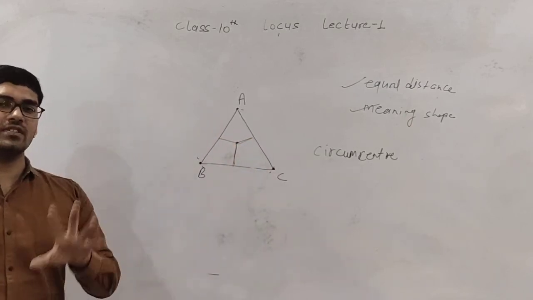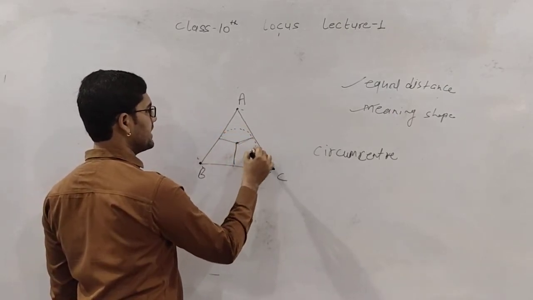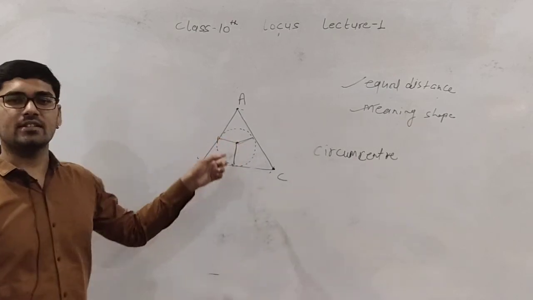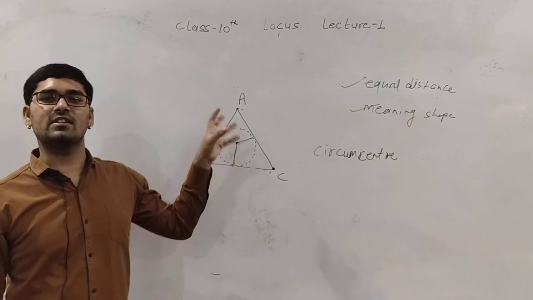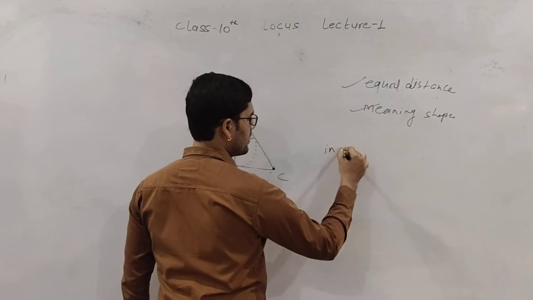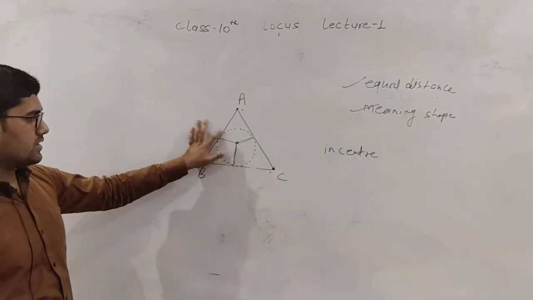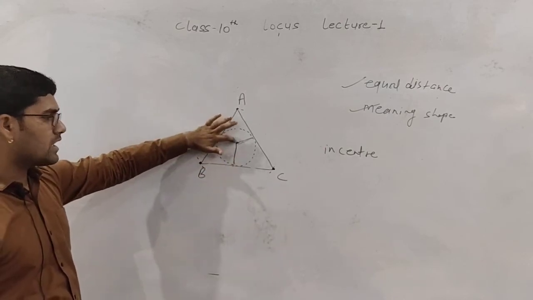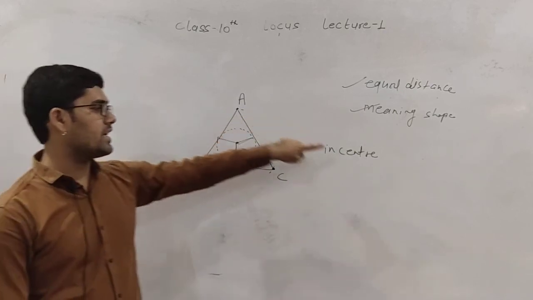This is equal. If the circle is drawn inside, this is the incircle. At this time, what will be the locus? The circle is drawn inside, so the locus will be the incenter, because this is an inside circle of the triangle. At this time, what is the name of this point? This is the center, but the circle is drawn inside, so this is the incenter.